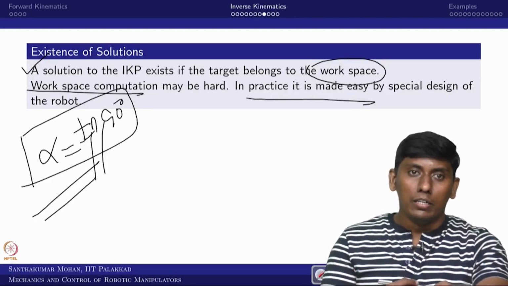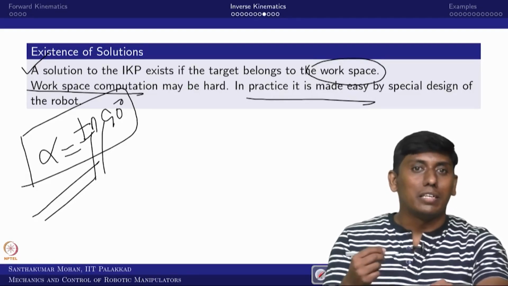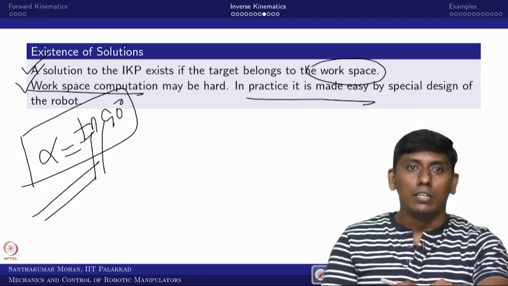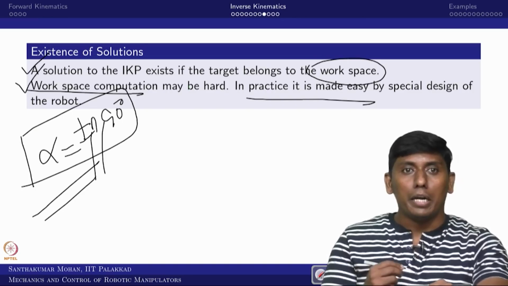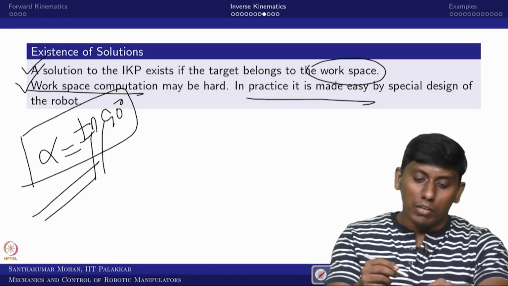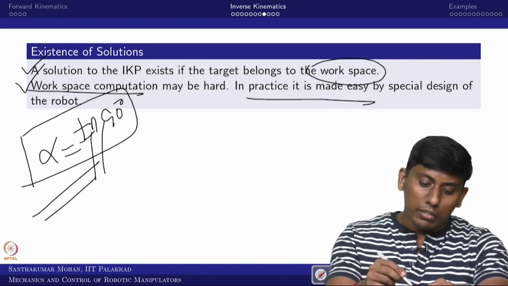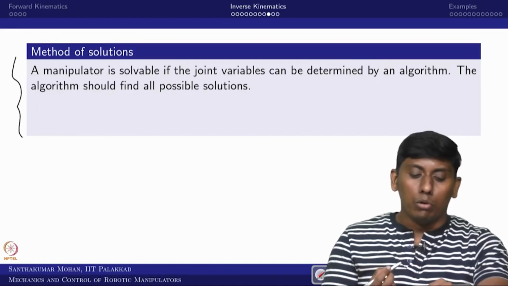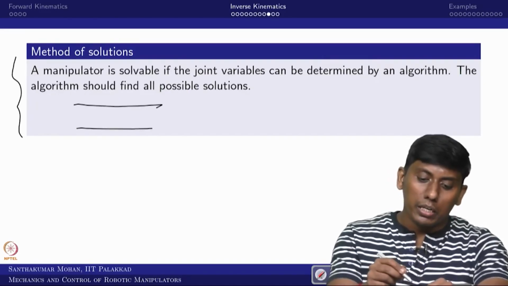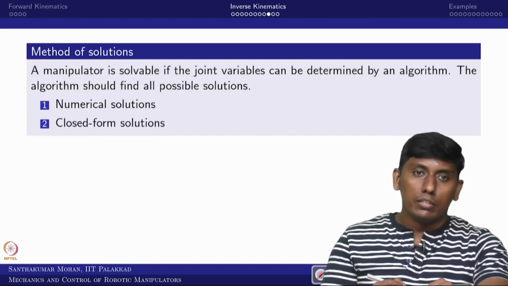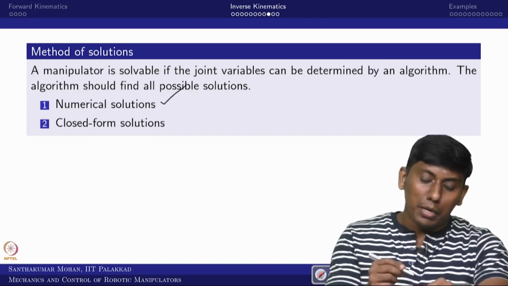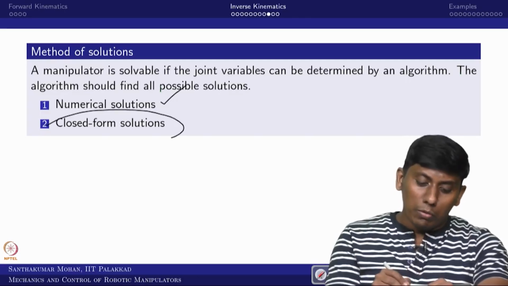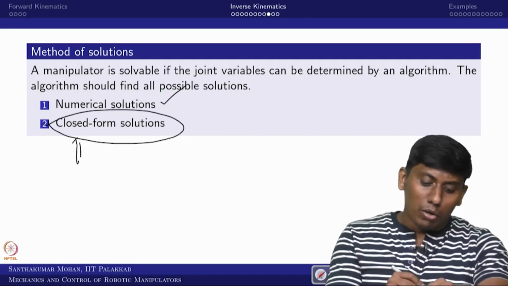Further, we will come back to the necessary and sufficient conditions. This is one of the necessary conditions, but is it sufficient to find the analytical solution or not, we will come back to that. So what we are trying to see is the method of solution, how to solve. Obviously you already know one is analytical, the other is numerical. Okay, even the numerical solution can be obtained through optimization or a general numerical method, but the closed form solution we simply call analytical.